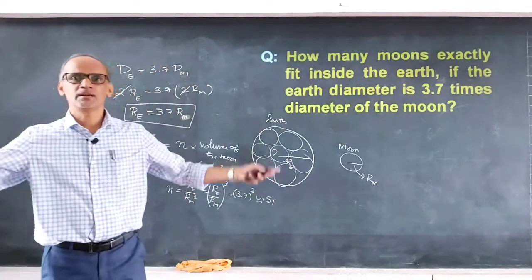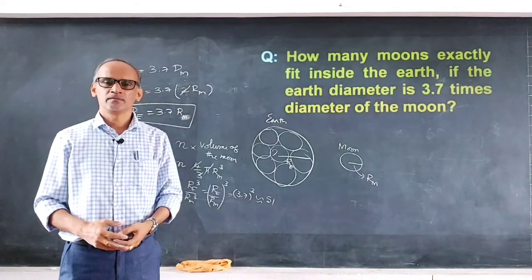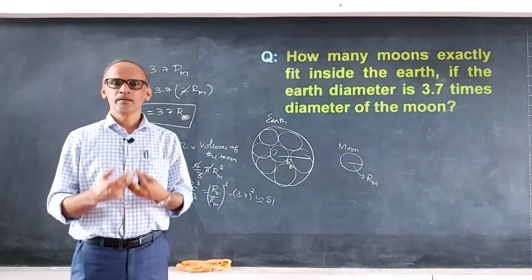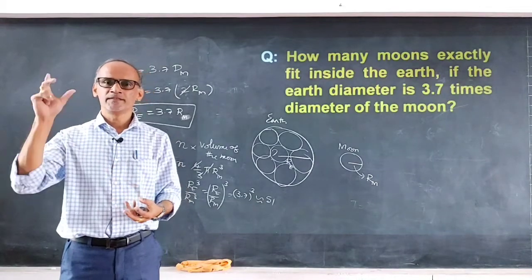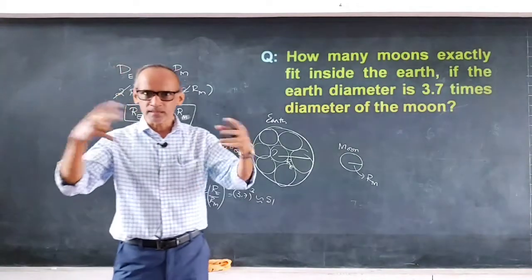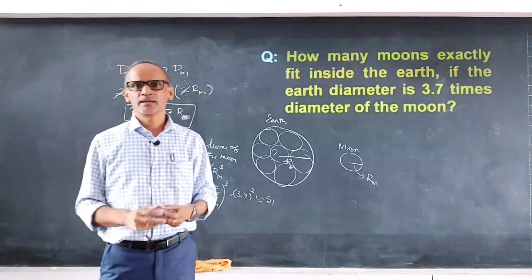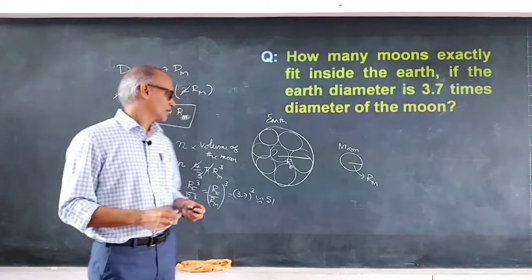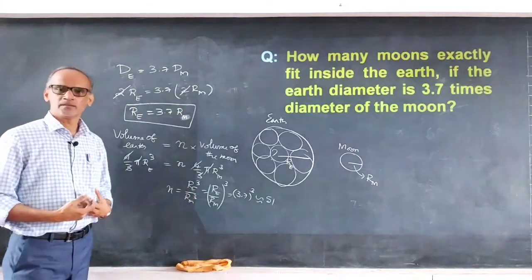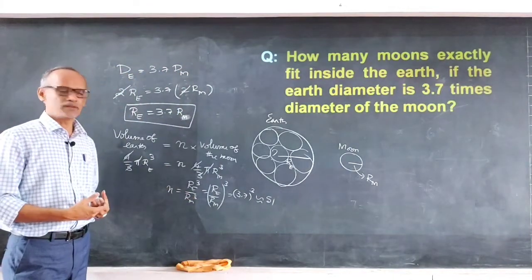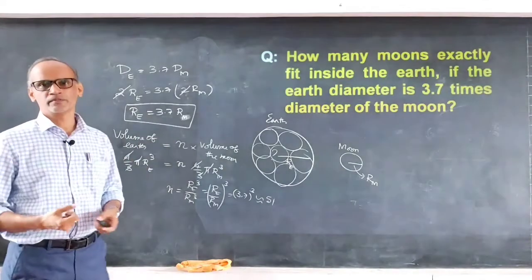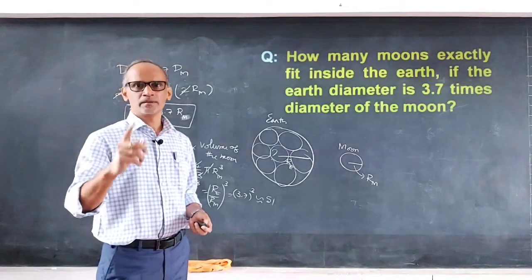So Earth is such a large sphere. So you get an idea how big the Earth is, that 51 moons can be placed inside our Earth. This is again hypothetical, but definitely an example where we can make use of the volume formula. Are you clear with this?